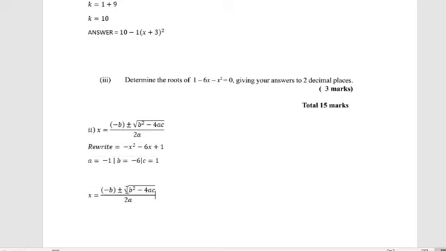So we can now substitute those values into this equation. So what we know is that b is equal to -6, and this already should be a minus b, so we know we'll put back our minus sign there, plus or minus the square root of b squared, which is -6 squared, minus 4ac, and a is -1 and c is 1, and this is divided by 2 multiplied by -1, which is a.